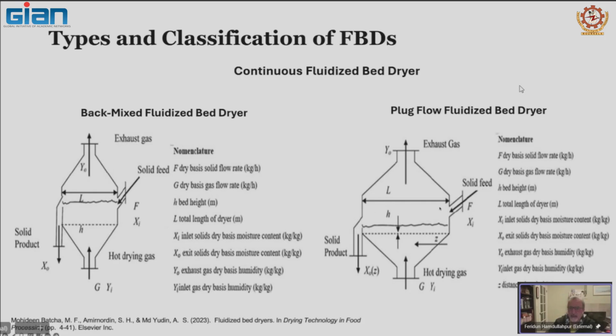Okay, and so here, as they are falling, the surface moisture is very quickly removed, and then inside they will have more time, residence time, for the inherent moisture to be driven out, and here you collect them.